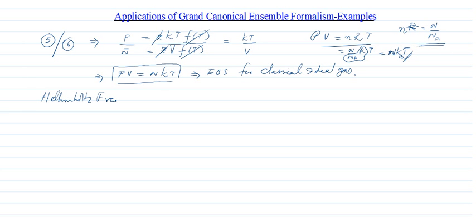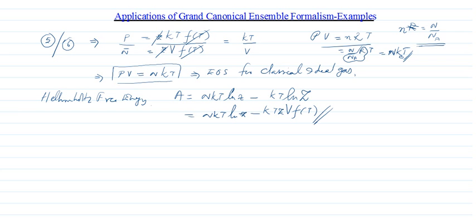We can get it as A equal to, as we had obtained, NkT log z minus kT log Z. So that is equal to, first term I will keep as such, NkT log fugacity minus kT log Z, where Z is equal to zV f of T. We can keep it as such because f of T is not taken directly.